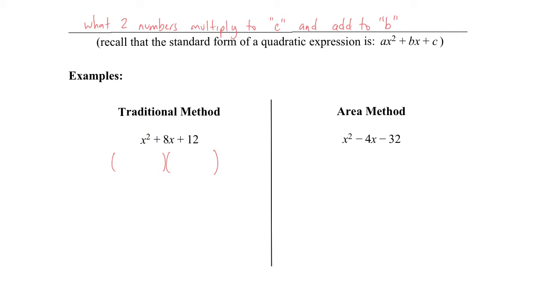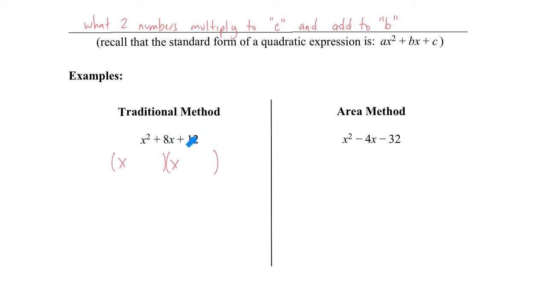All right. Now, if you remember from double distribution, the first 2 things actually multiplied together to give you the x squared. So this is going to be x and x because that x times x gives you x squared. To get the rest of it, we have to figure out what 2 numbers multiply to positive 12 and add to positive 8.